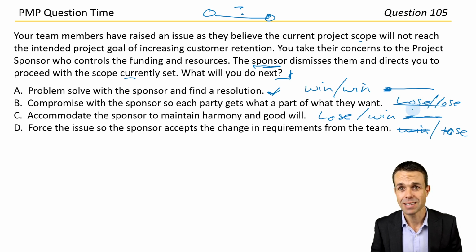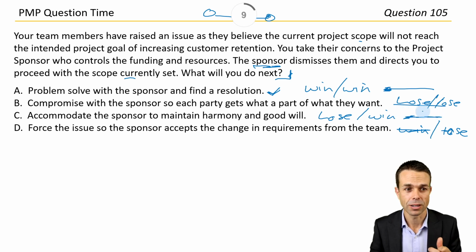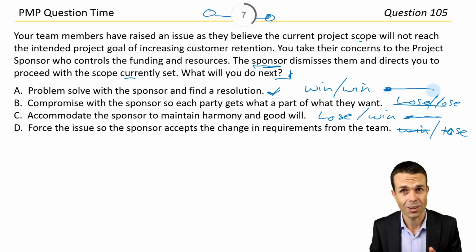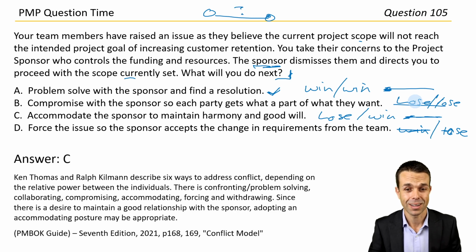But if it is literally the customer who we're delivering to, I think probably accommodating them in this case is going to work for us. So both of these are good. This is actually another tricky one. I hope I'm not wrong here, but let's go with answer C. Okay, all right. I'm a bit relieved, but that honestly could have gone either way, I think.